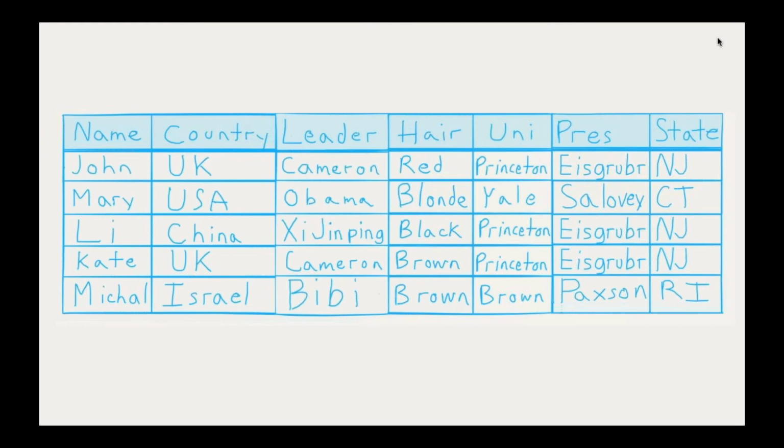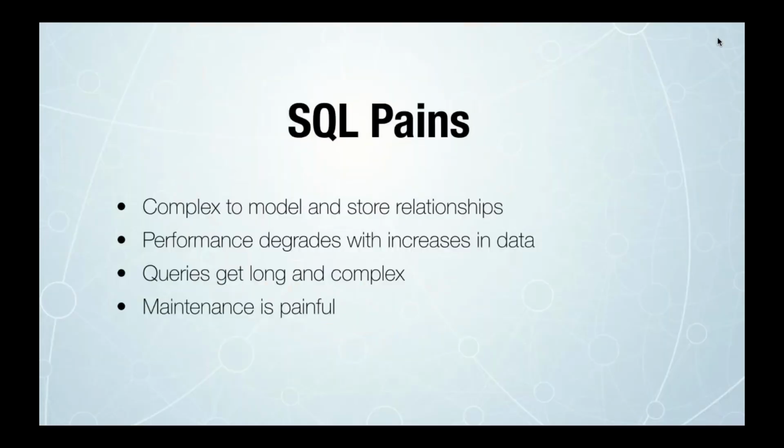So a lot of people end up denormalizing their data, and they're back with the original data structure. And this eliminates a lot of the consistency benefits that they get. Of course, there are ways to do this with views, materialized views and things like that in a SQL database, but it just really gets painful to maintain this structure.